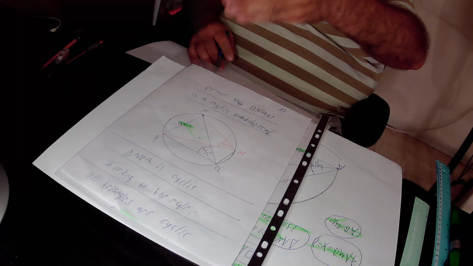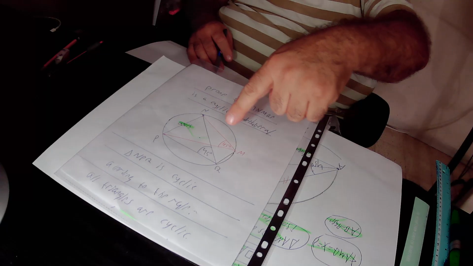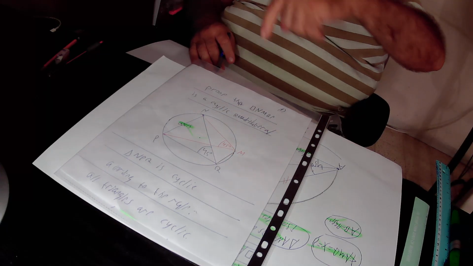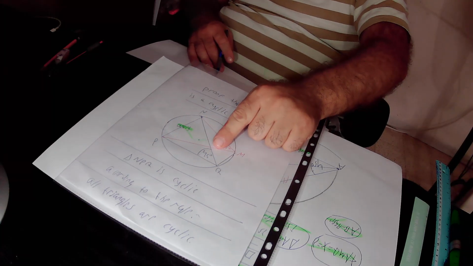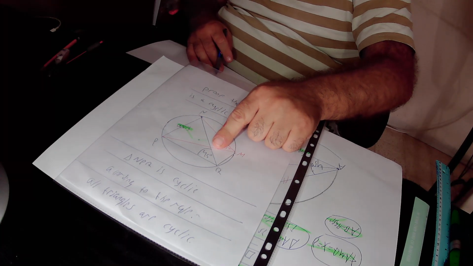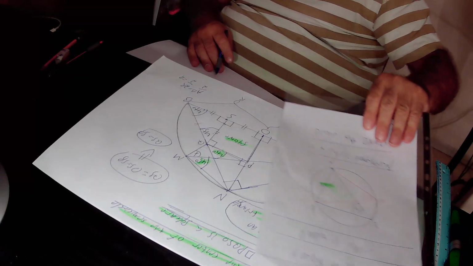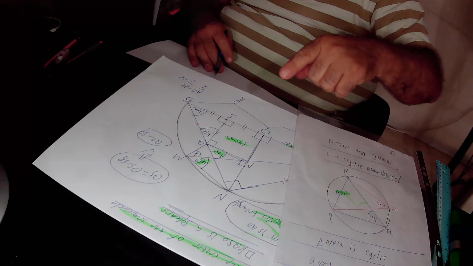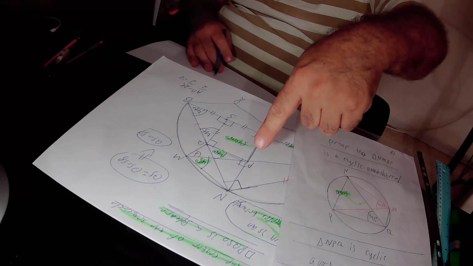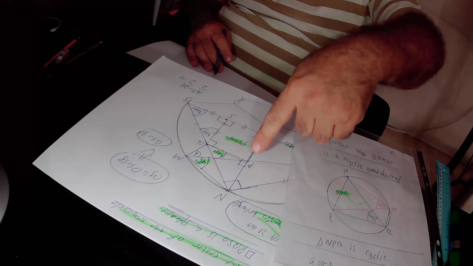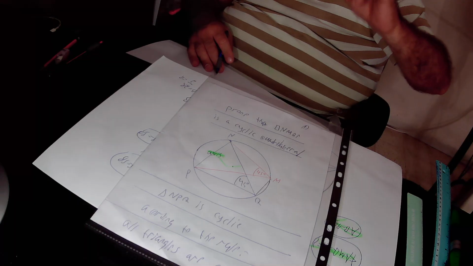According to the rule that all triangles are cyclic, it means that we can enclose this triangle NQP by a circle. So I enclose this triangle NQP by this circle. And we know that angle NQP equals 45 degrees in size. So the three vertices N, Q, and P, they all touch the circle.